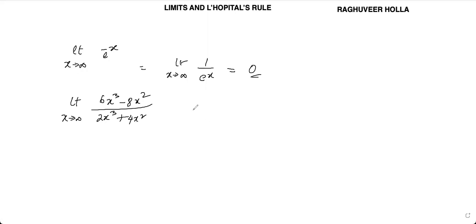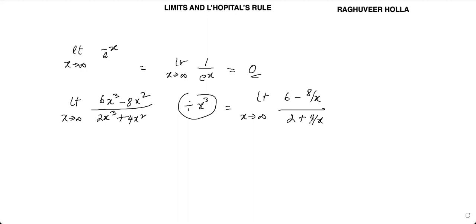We can instead solve this by dividing numerator and denominator by x cube. So this becomes limit x tends to infinity 6 minus 8 by x divided by 2 plus 4 by x.